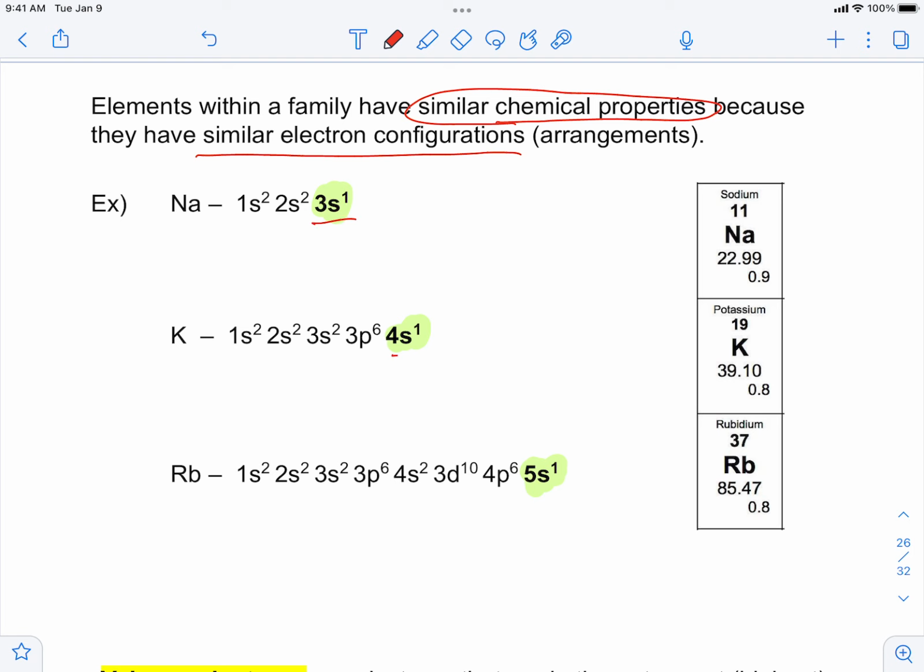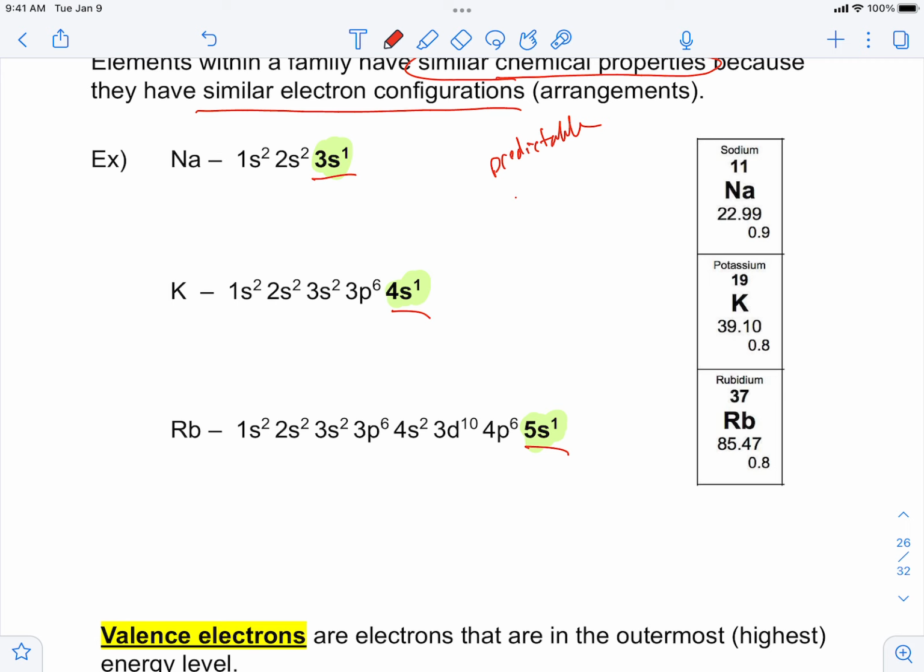So the fact that these alkali metals, their electron configurations all end the same way. It all ends with one electron in an s sublevel. This means they have predictable reactivity, the fact that they're all ending the same way.